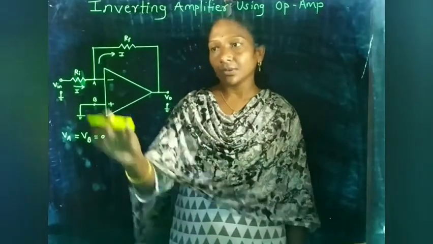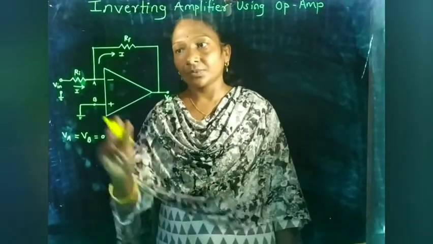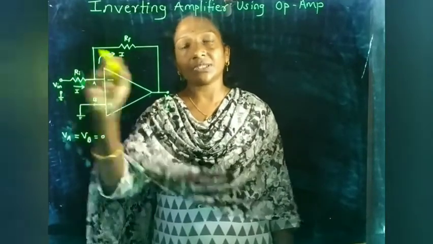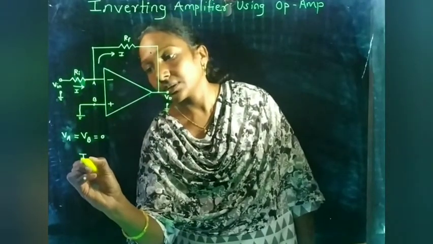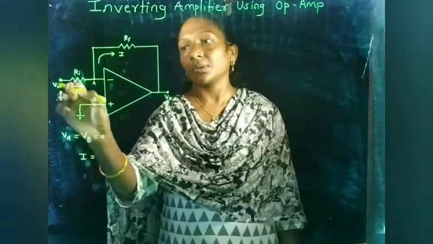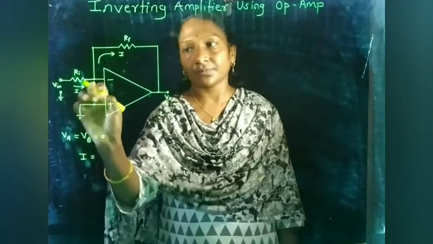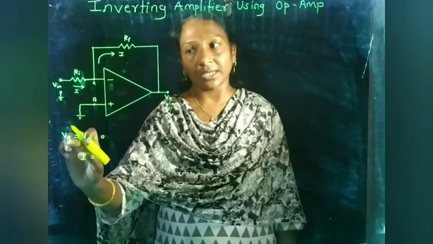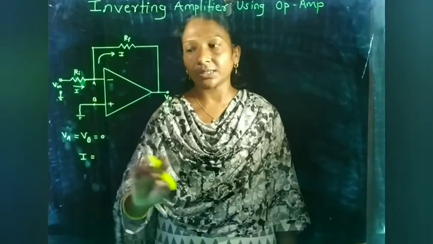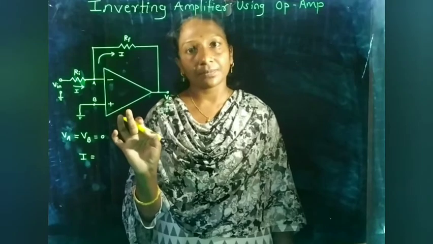Now, from the input side, the current flowing through this input resistance is I, which is equal to Vin minus VA. The voltage at this node A is VA and the voltage at the node B is called VB.